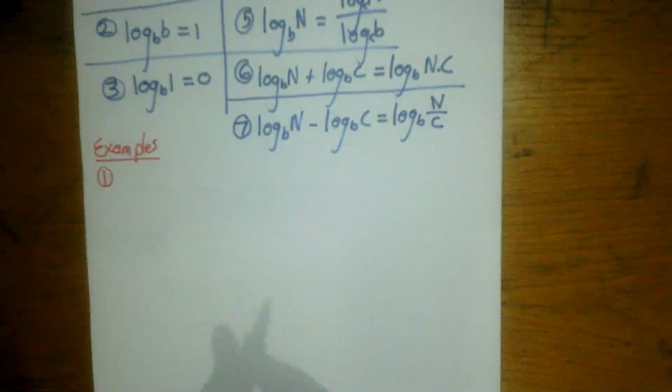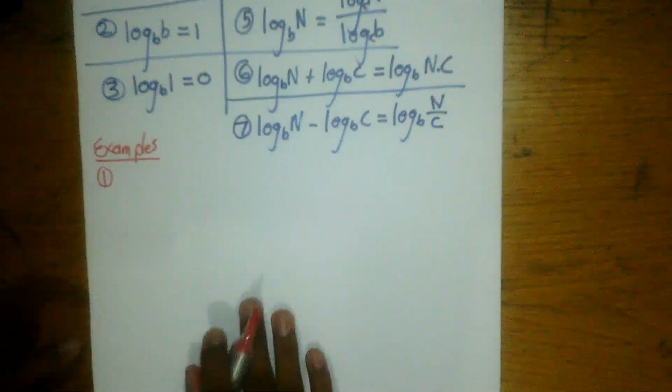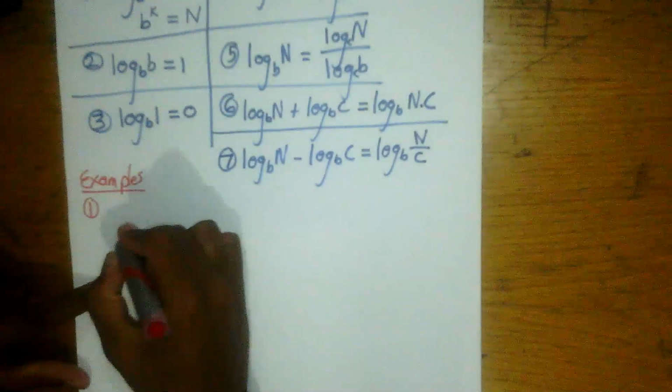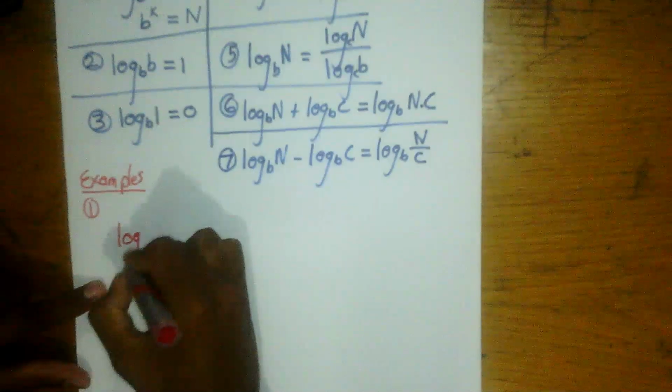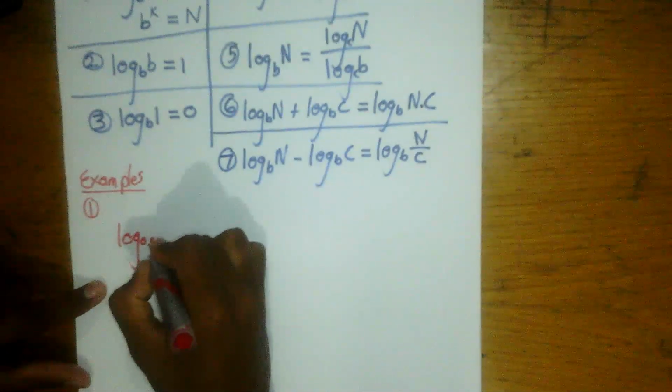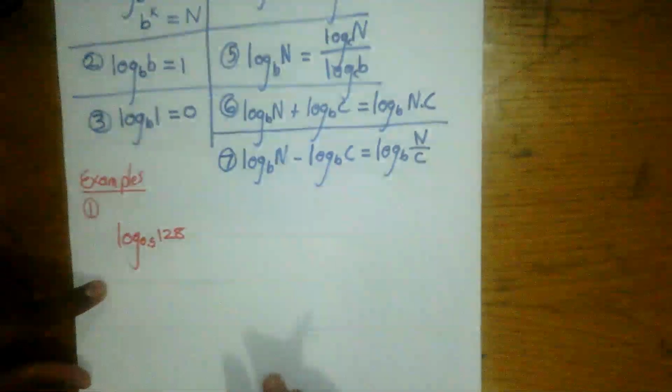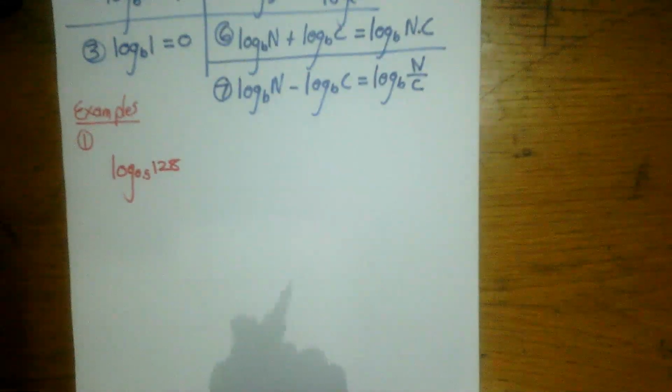This is from your tutorial 2. So the first one is going to be this one here: log 0.5 of 128. So the question is saying use logs to the base 2 and simplify.